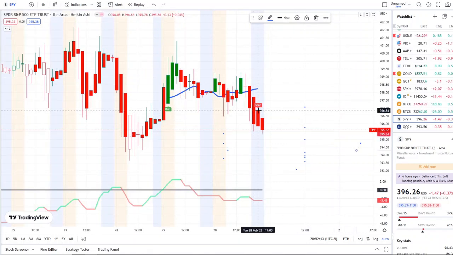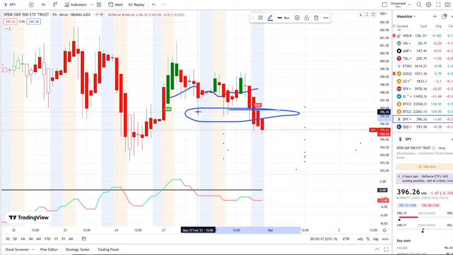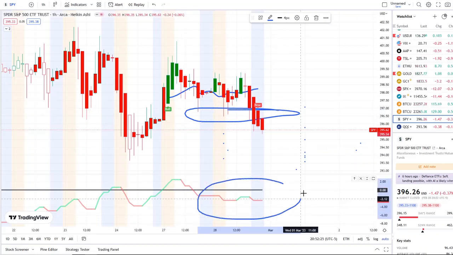And here we have it at 396.84, right around that same area of support from yesterday at the second half of the day. And today in the first half, that broke through, the bear indicator popped up, and outflows have been dominating all day today, guys.